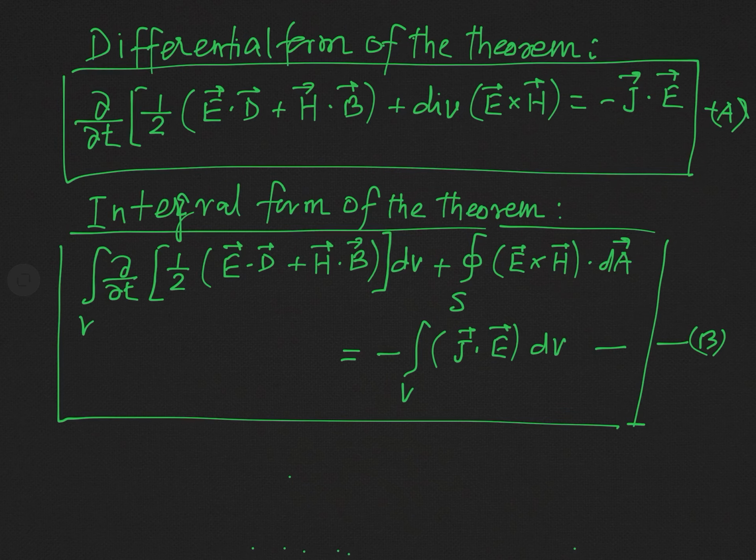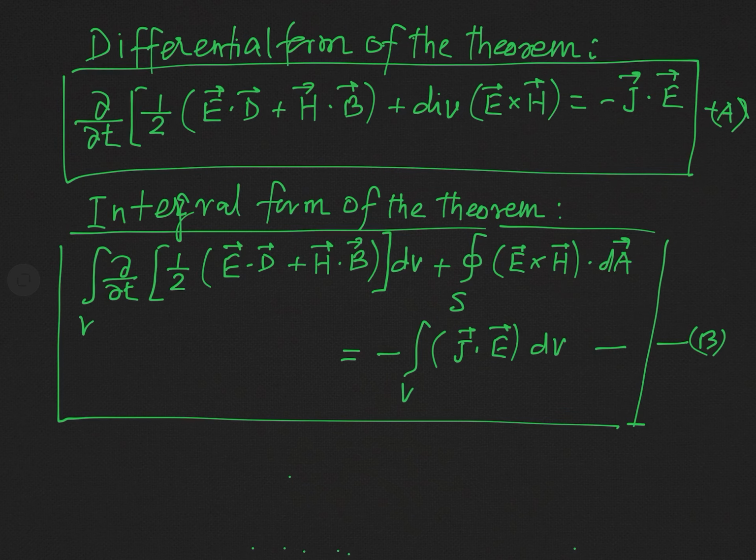in this theorem. And this is its integral form, when the result defined in equation A is integrated over a volume V which is bounded by a closed surface S. Then after taking the volume integral, equation A in integral form becomes equation B. Only after the application of Gauss's divergence theorem, the integral of divergence of E cross H has been changed into a surface integral.